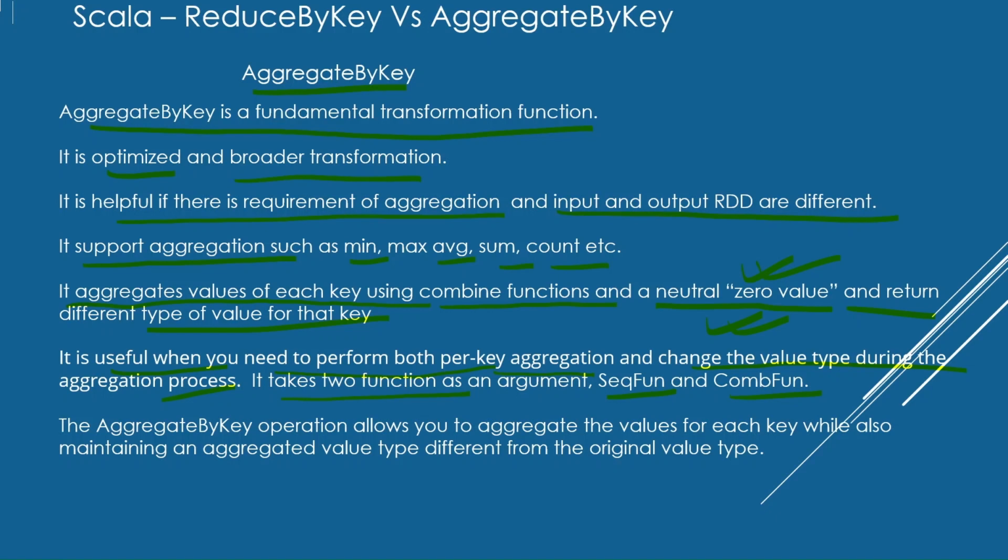Whenever we call aggregate by key, we generally pass two arguments, and both arguments are functions. One is the sequence function and one is the combine function.